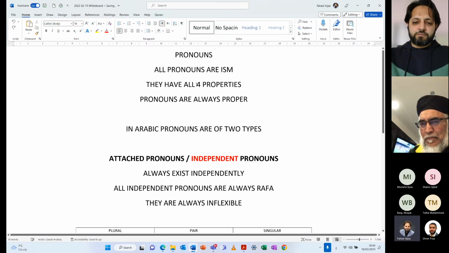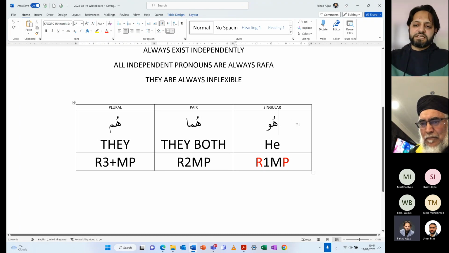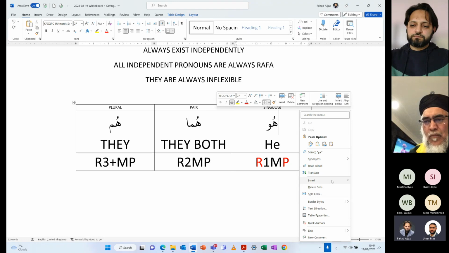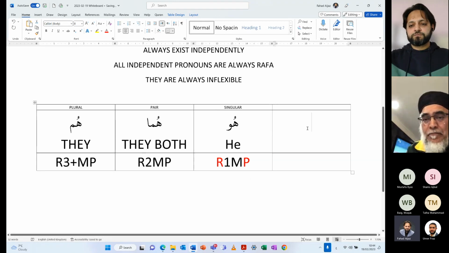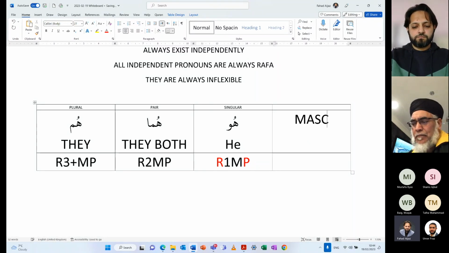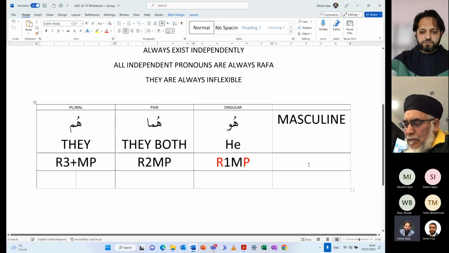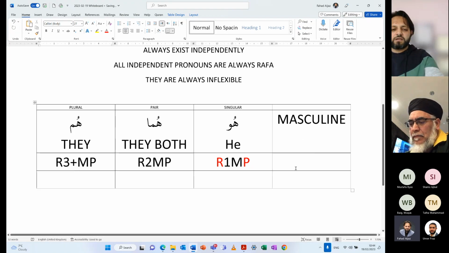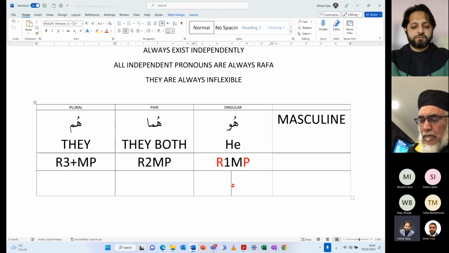Let me go back to the table. What you have learned so far is masculine. I'm going to give you the same versions for feminine. This is masculine. Now, for feminine, if you have to say she, that is like this.